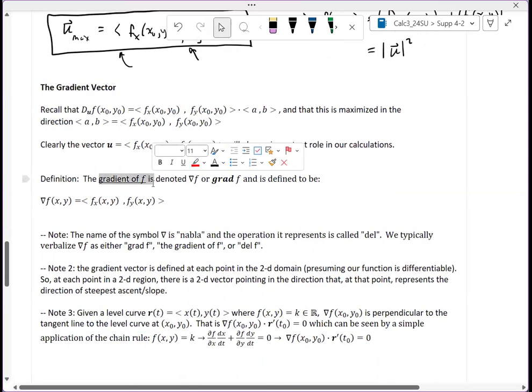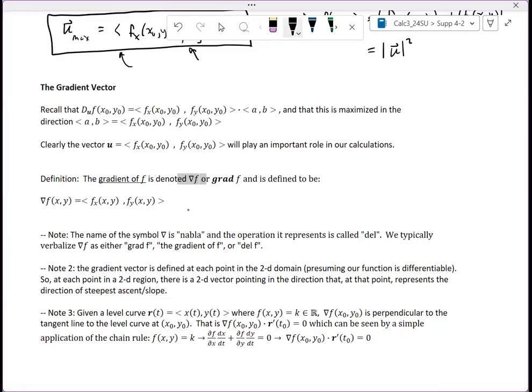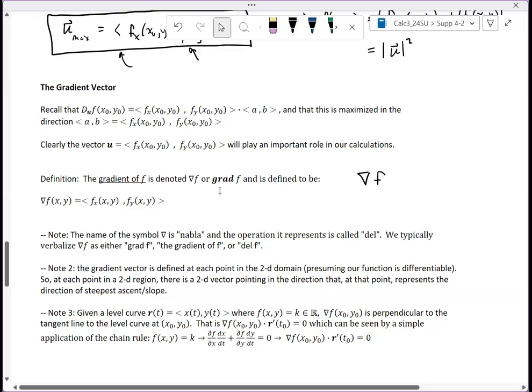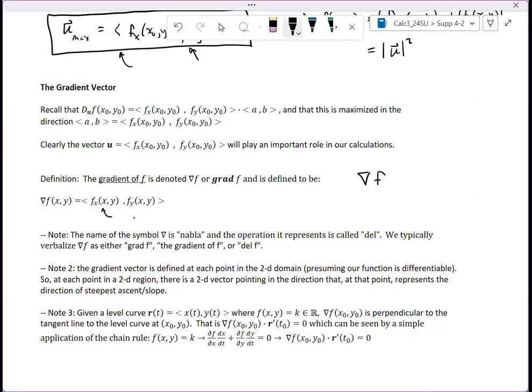So we define the gradient of f, which is sometimes denoted by this symbol, this upside down triangle f, or just grad f. We define it to be grad f of xy equals the vector where the first component is the partial derivative with respect to the first input in the function, and the second component is the partial derivative with respect to the second input in the function.